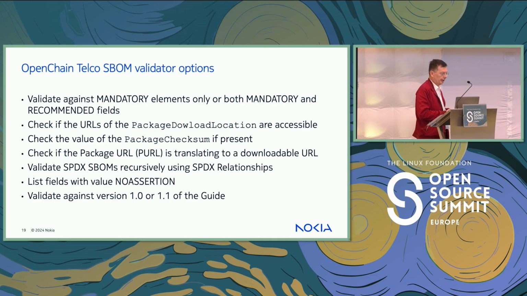on the GitHub website. So there are several options that you can use with the validator. By default, the validator will only check the mandatory fields, but there is an option that you can use to also check the recommended fields. You have another option that will check the package download location that you provided for the package.